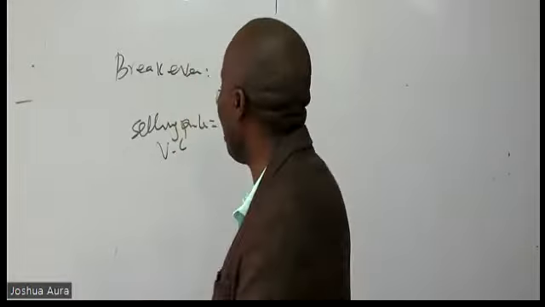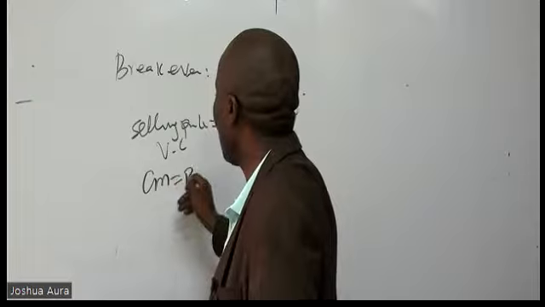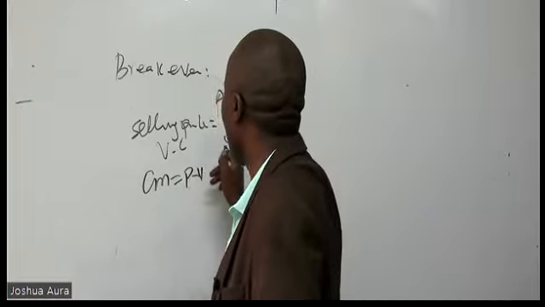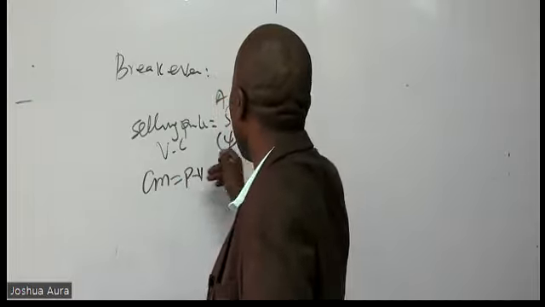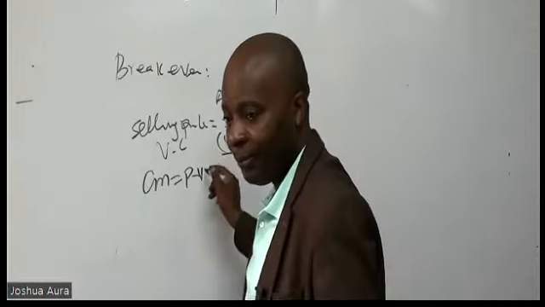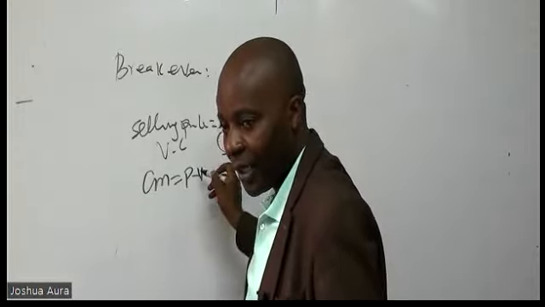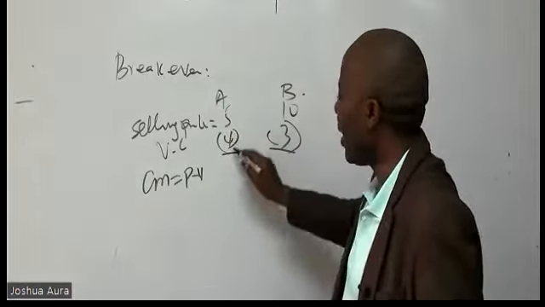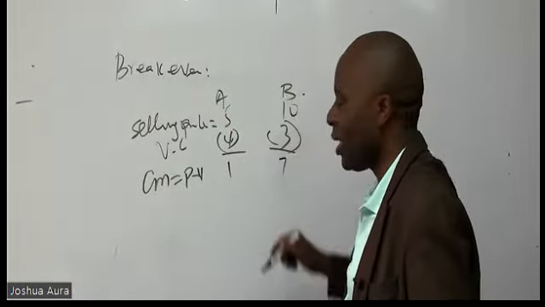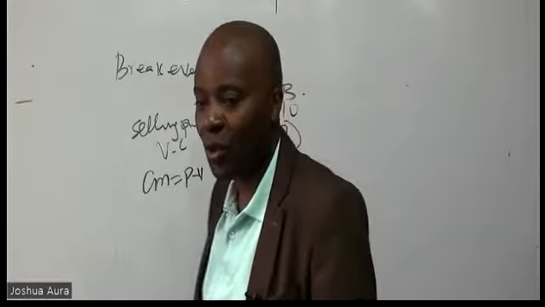Contribution margin, thank you very much, which is price minus variable cost. So what figures do we have here? 5 minus 4 is 1, and 10 minus 3 gives me 7. Great, so 1 and 7.